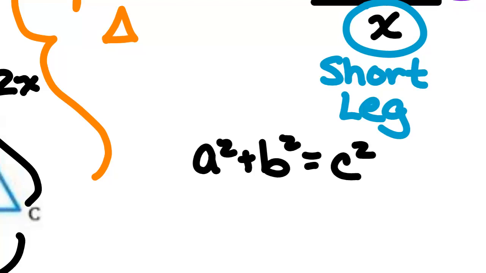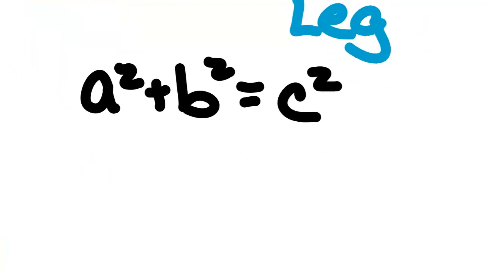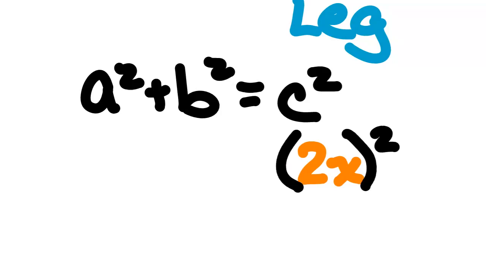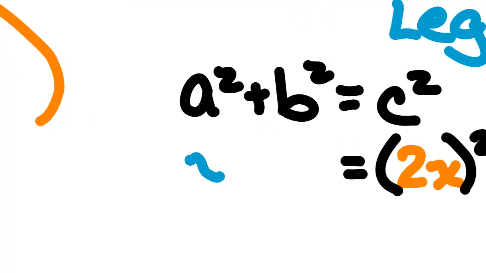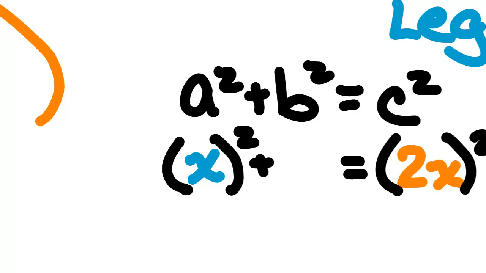What has to go in for c? 2x. So we're going to put 2x in the place of c. Close my parentheses around it and square it. The short leg is x, so I'm going to put that in for either a or b. I choose a. And we don't know the length of the other side, so I'm going to put a question mark in there.